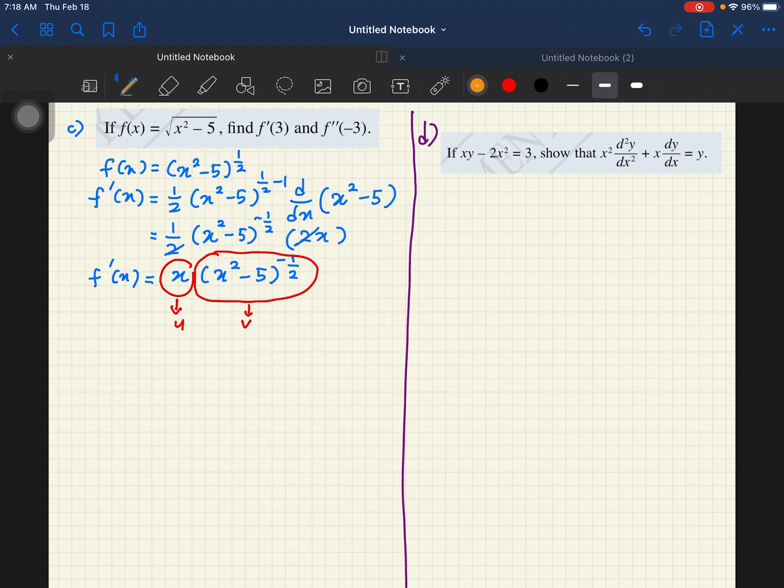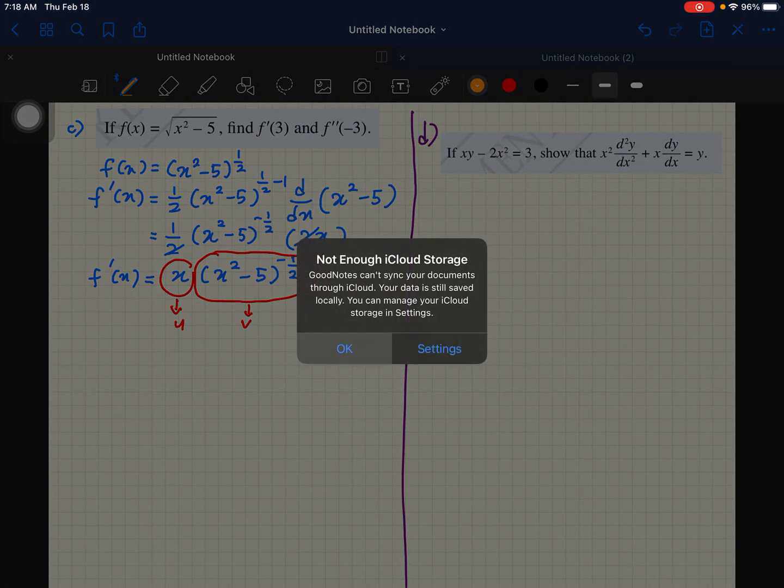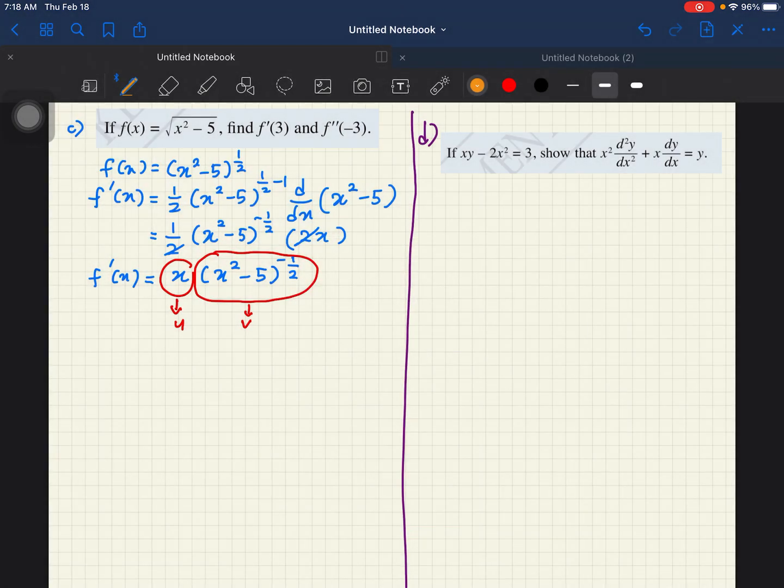So, yang tadi kalau kita differentiate first derivative, it's a normal differentiation. But what happened bila dia jadi begini, so dia dah jadi product rule. So, kita asingkan U is equals to X, V is equals to X square minus 5 power of negative 1 over 2. Okay, so du over dx is equals to 1.